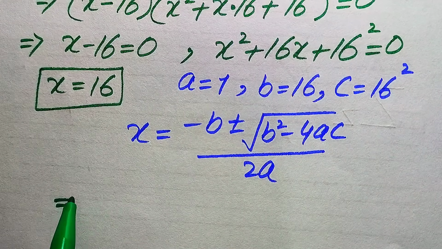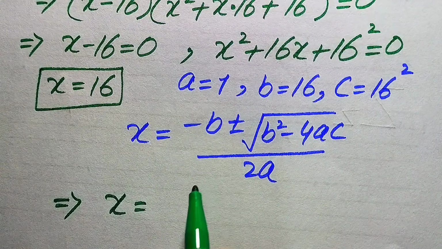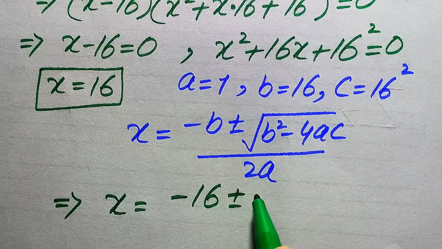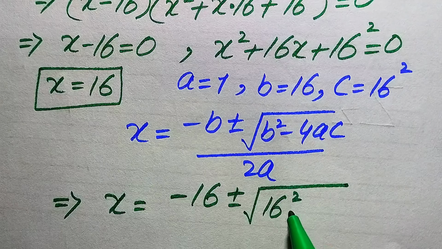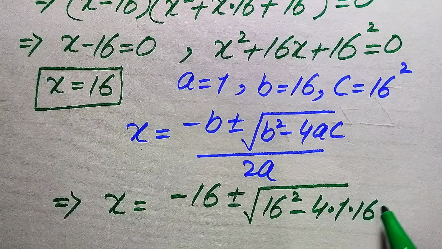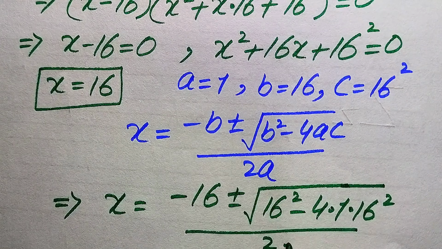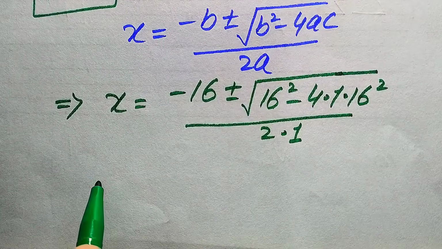After substituting, it will be written as minus b, the value of b is 16, plus minus square root of b square, b is 16 square, minus 4 times a is 1 and c is 16 square, divided by 2 times a, and here our a is equal to 1.